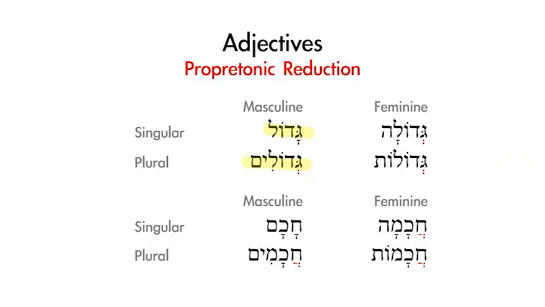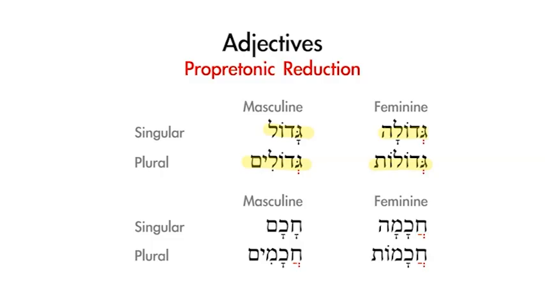It shouldn't cause you any trouble with spelling because you've already seen it with nouns. Now you see it applied to adjectives in the very same way. Propretonic reduction, a very common phenomenon in Biblical Hebrew. The same will apply to gedolah and gedoloth. The one spelling feature that changes between the masculine singular form and all the other forms is the simple instance of propretonic reduction under the first syllable.